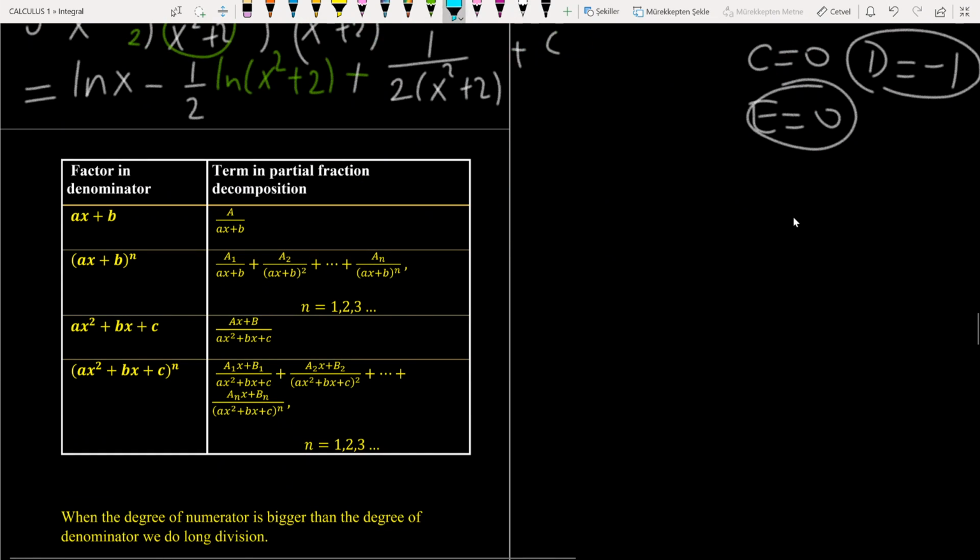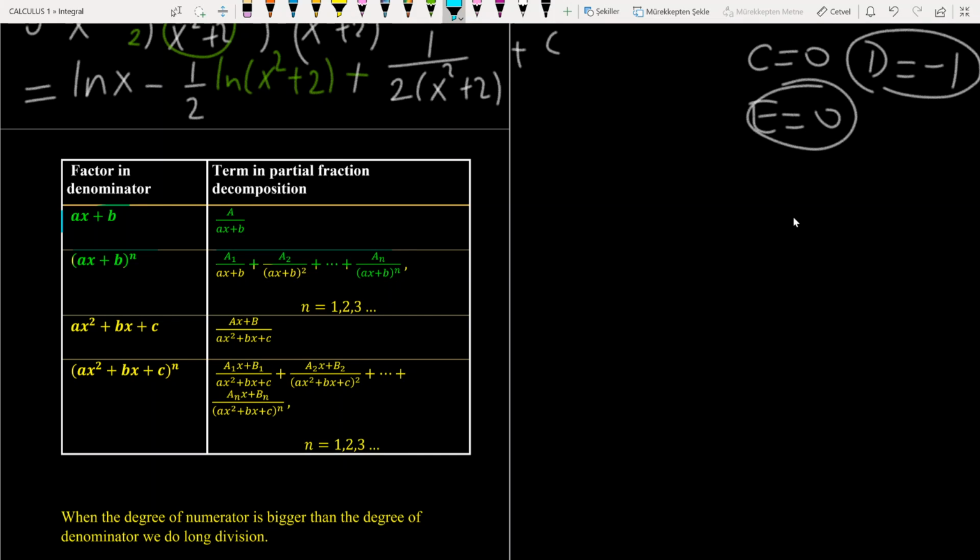If you have a factor ax plus b in the denominator, you should write a constant over ax plus b for the partial fraction decomposition. If you have ax plus b to the power n in the denominator as a factor, the partial fraction decomposition becomes a1 over ax plus b, a2 over ax plus b squared, and you continue to write all the summations to get the power n, an divided by ax plus b to the power n.